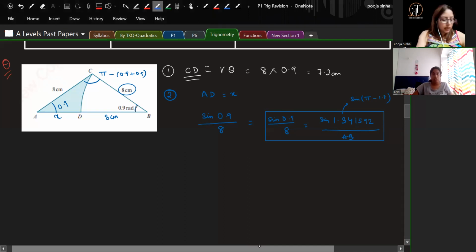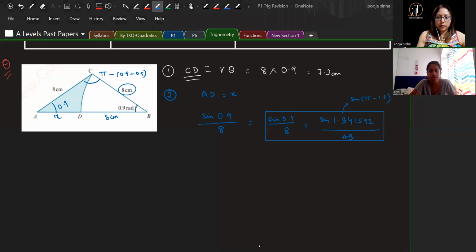One second, let me check. Sine of 0.9 divided by 8. I'll just do the calculation.